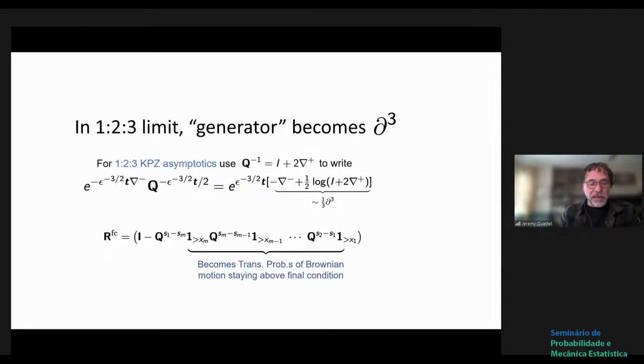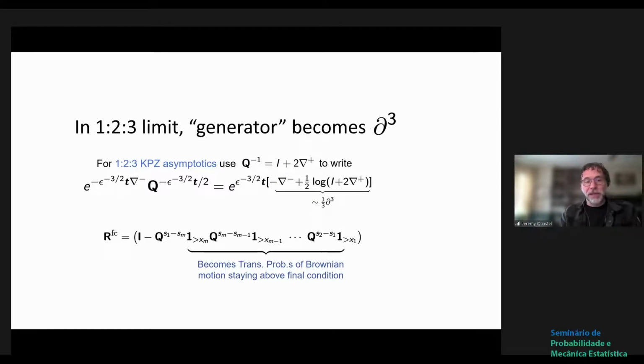You may question that, but it turns out that the transition matrix of a geometric random walk is easily invertible, and it has a terribly simple inverse. It's just 1 plus 2 of this grad plus, the forward difference operator, f of x plus 1 minus f of x. So I could just write this schematically as e to this enormous epsilon to the minus 3/2 times this minus grad minus, and then plus a half log of 1 plus 2 grad plus, which is the Q to the minus 1.